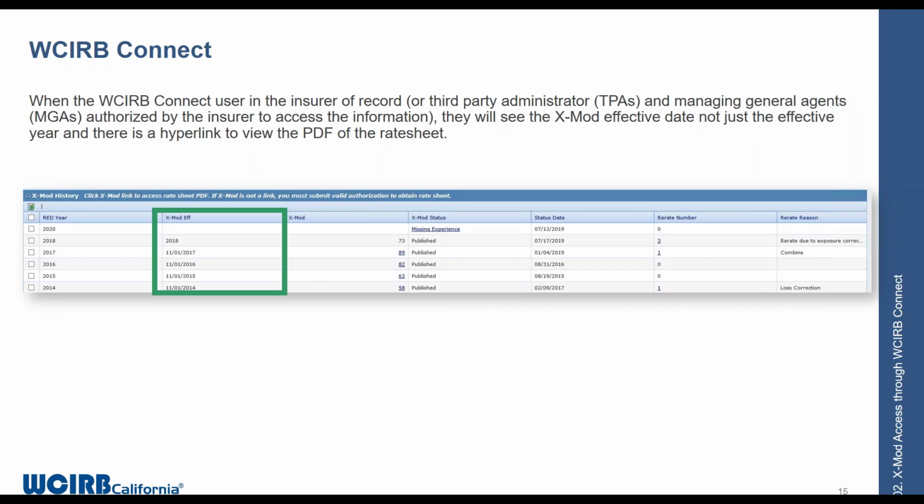And then the 73% experience modification also does not have a hyperlink associated with it. So they couldn't actually click that experience modification to get the PDF rate sheet, but the 2017, 2016, 2015, and 2014 mod effective dates all have the actual complete date with the month, the day, and the year. And so there are hyperlinks for the rate sheets for those.